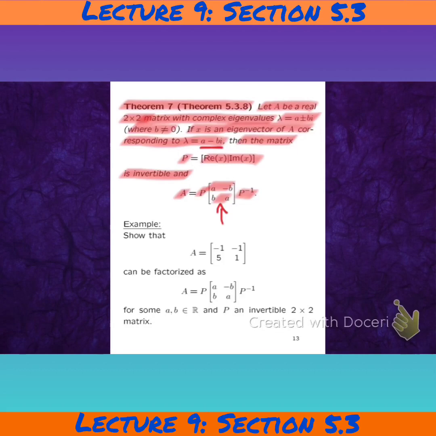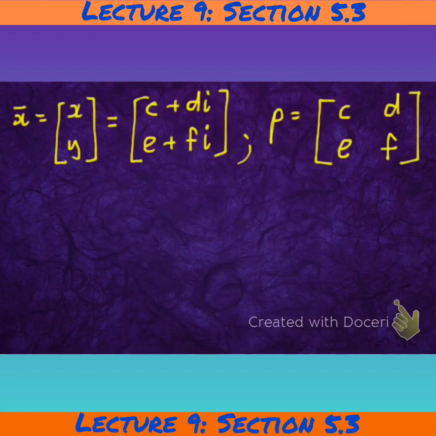That's where you get the A and the B from. Okay, so we're going to look at why exactly is this matrix P invertible, and why can you express A in that particular form. So recall, let X be the eigenvector corresponding to lambda.